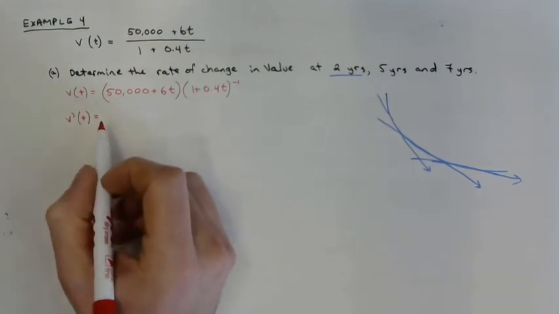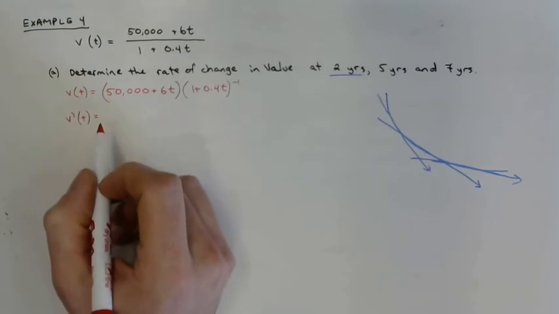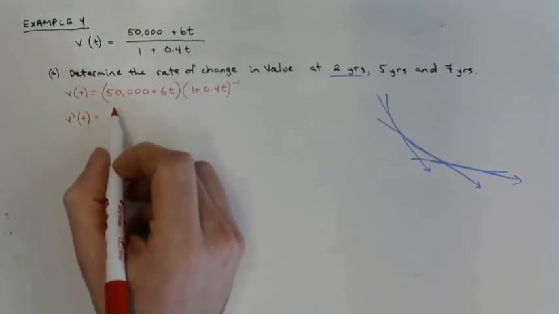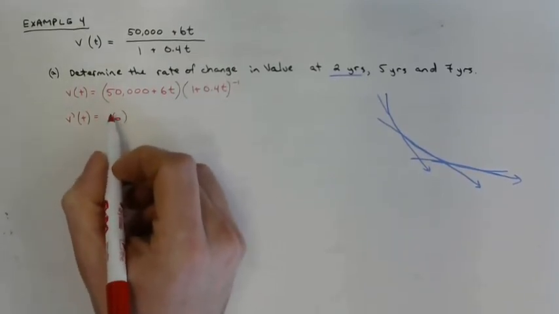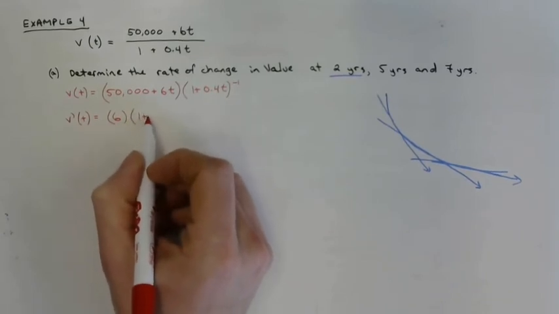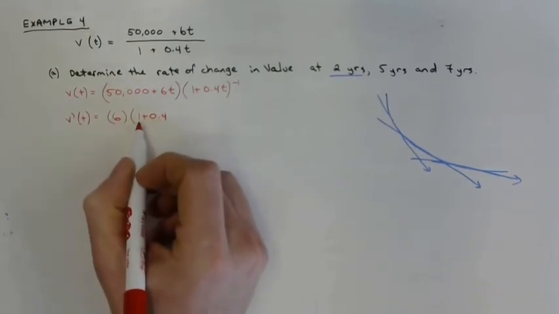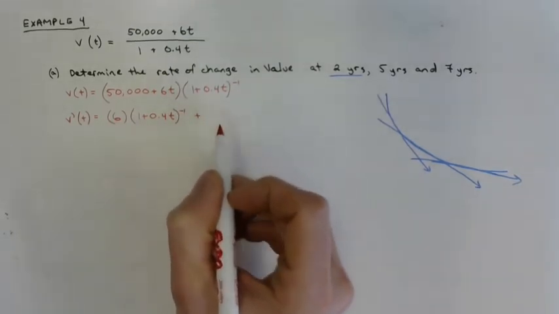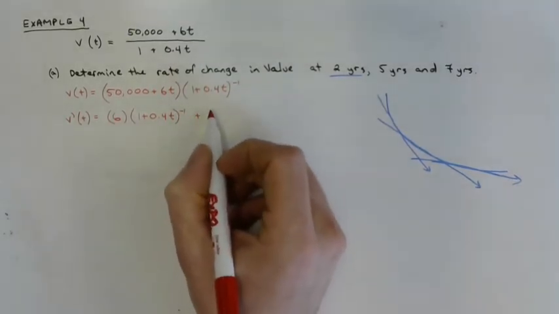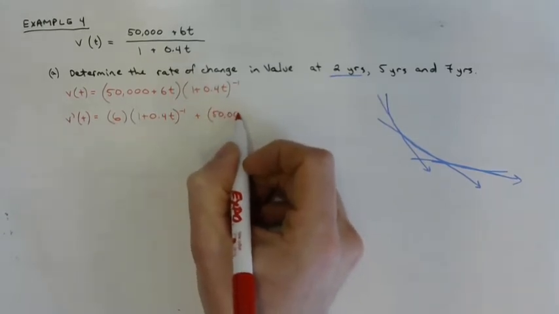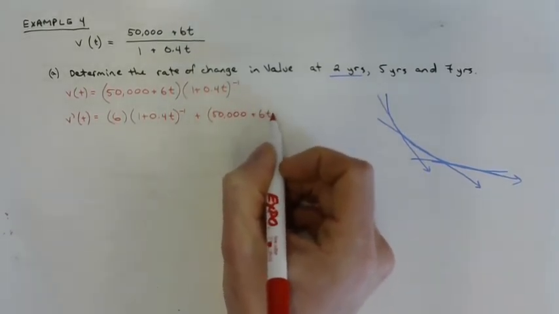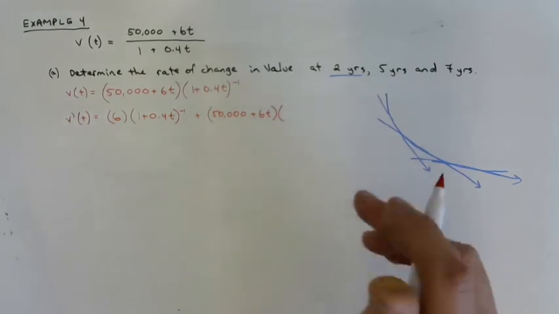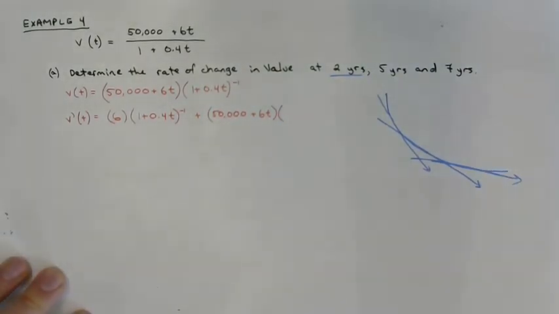Then the derivative is, product rule, the derivative of the first function, which is just 6, times the second function, 1 plus 0.4t to the power of negative 1, plus the first function, 50,000 plus 6t, times the derivative of the second function.